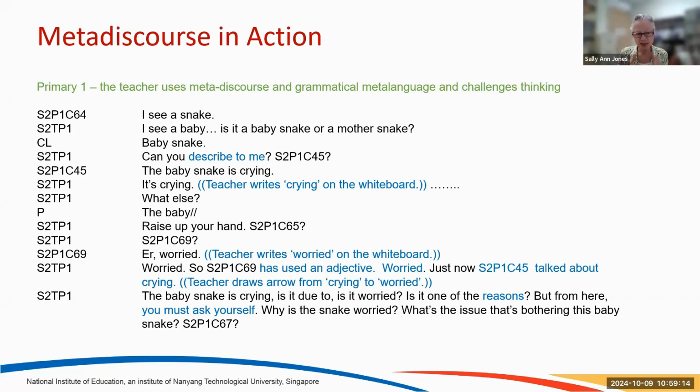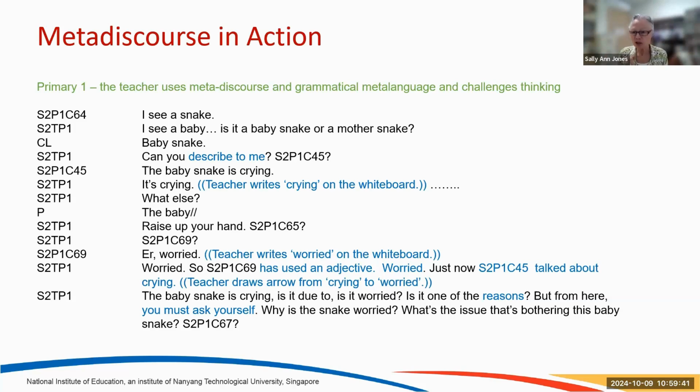So, for example, she names the child who offered the word, another meta-linguistic term, and she states the word worried next to the meta-language adjective. So the proximity of those two words, again, encourages noticing. She names pupils who offer adjectives, and she connects the adjectives through her use of arrows on the whiteboard.